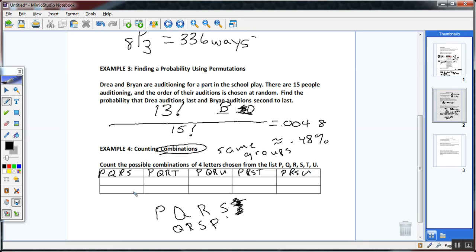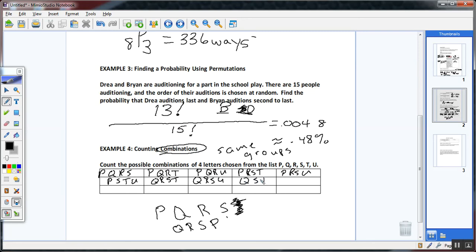Can I have P, S, T, U? How about Q, R, S, T? How about Q, R, S, U? How about Q, S, T, U?